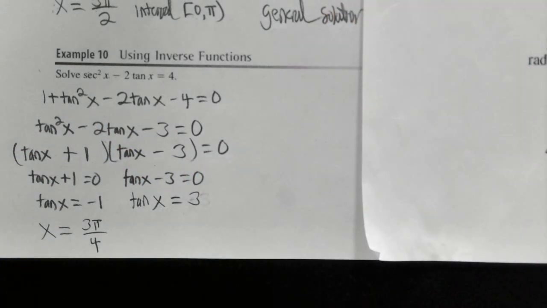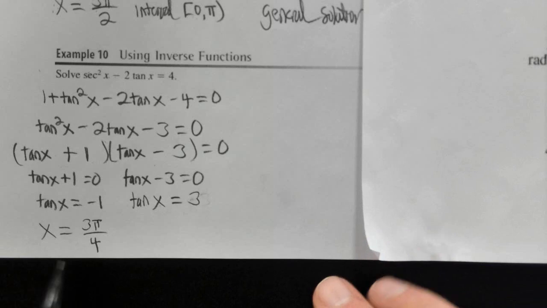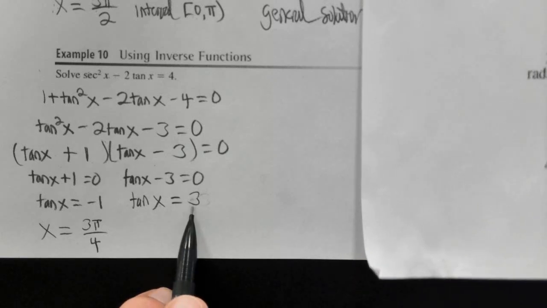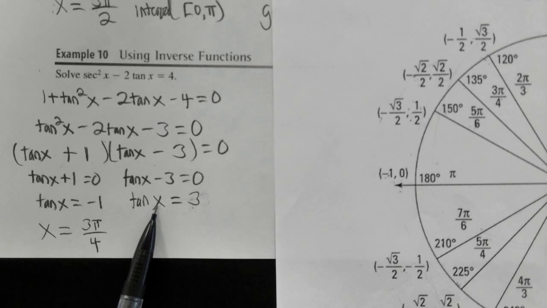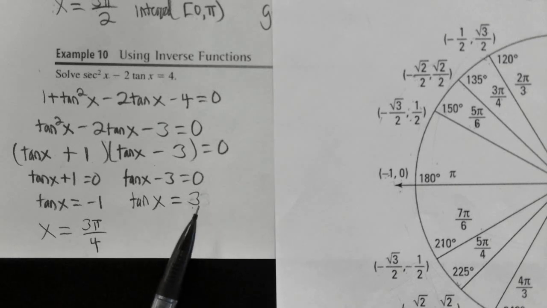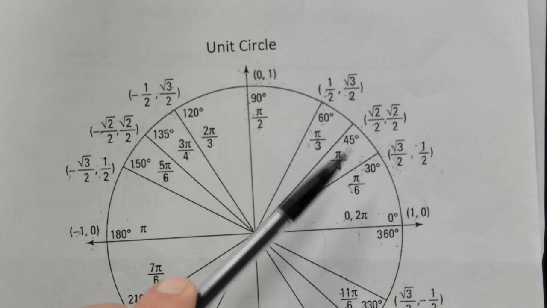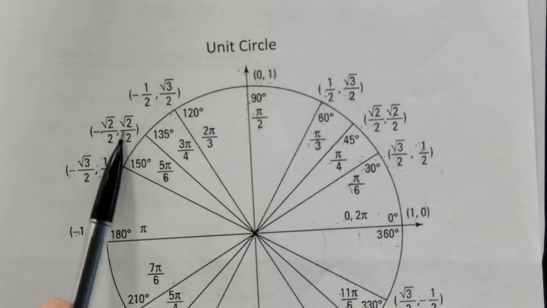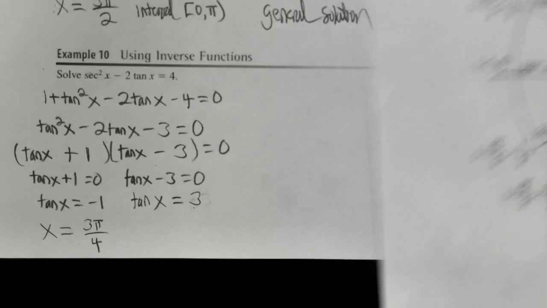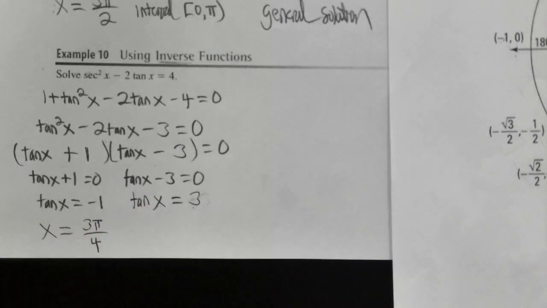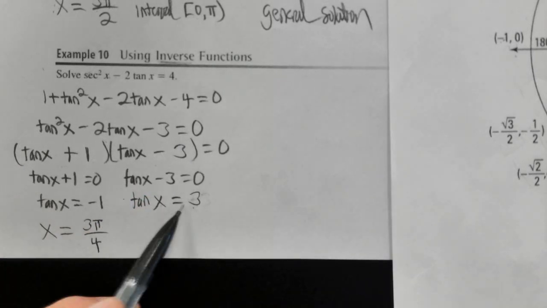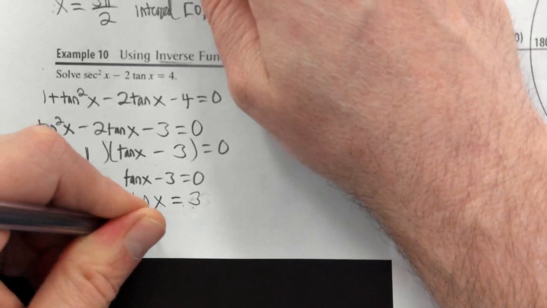All right. Now, you won't find anywhere on the unit circle that'll give you that value. And here's why. Because the angle whose tangent gives you a 3 is not one of these points that's on the unit circle. So what are we going to do in this case? That's why we're going to be using inverse functions. So what I'll have to do is I'll have to do the inverse tangent to both sides to come up with the correct value of x here.